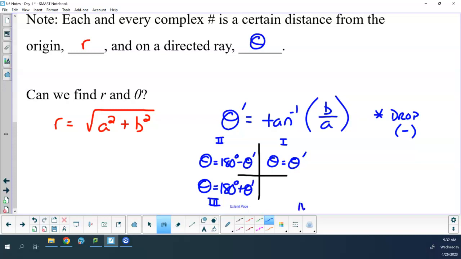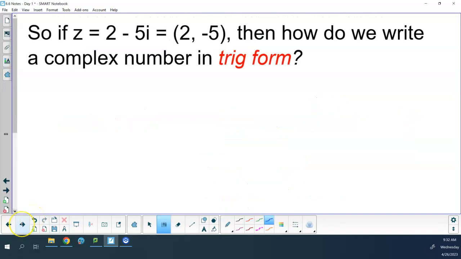And if we're in quadrant number 4, then theta is 360 degrees minus our reference angle. All stuff you've seen before. We're just applying it now to a different place.